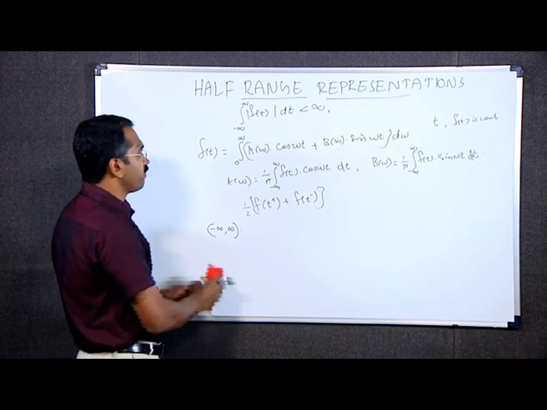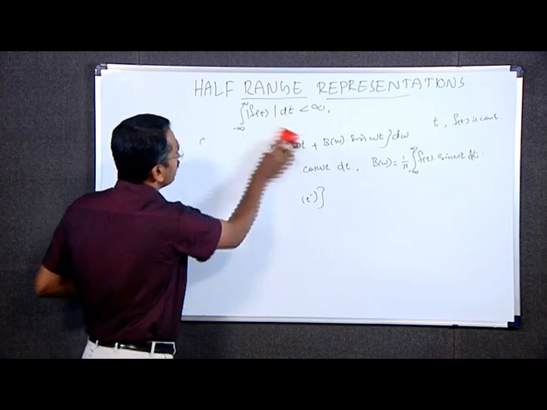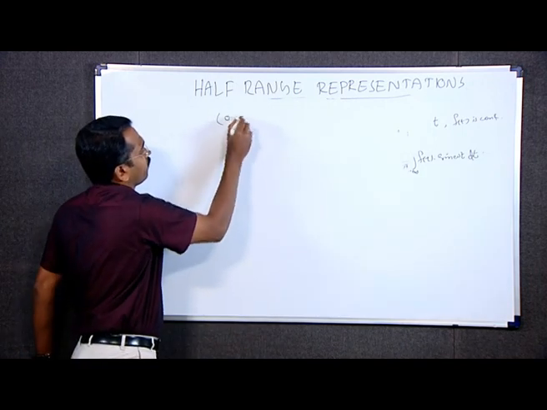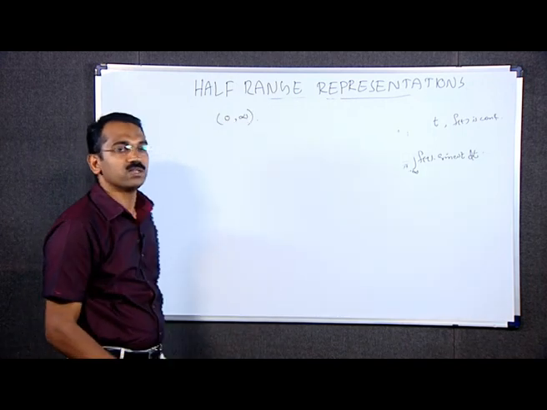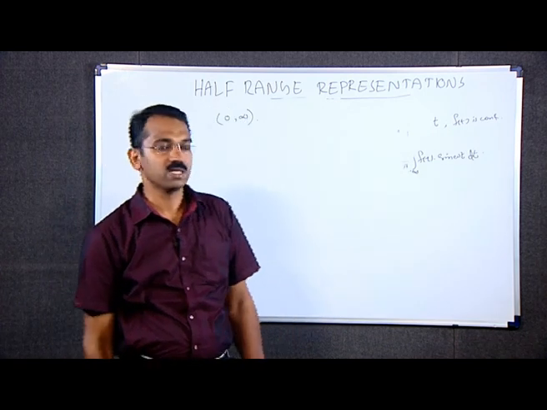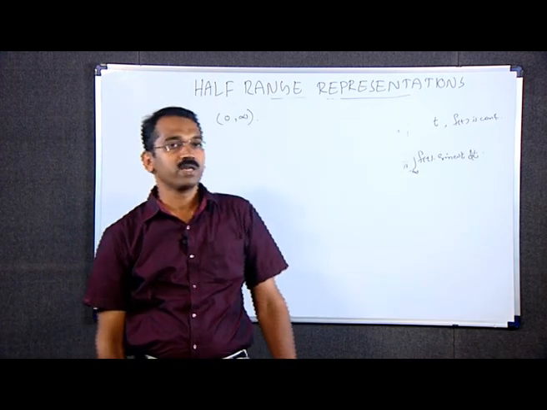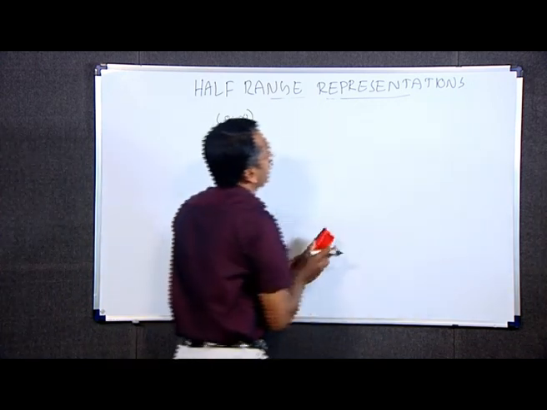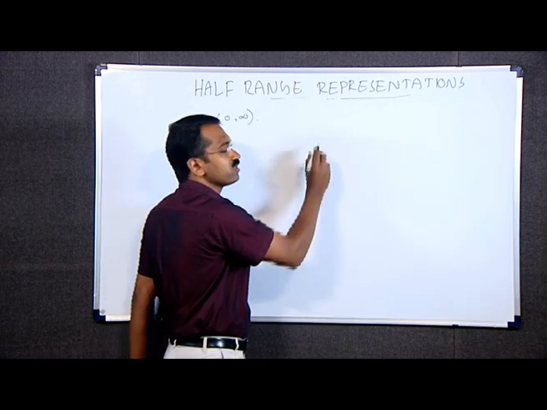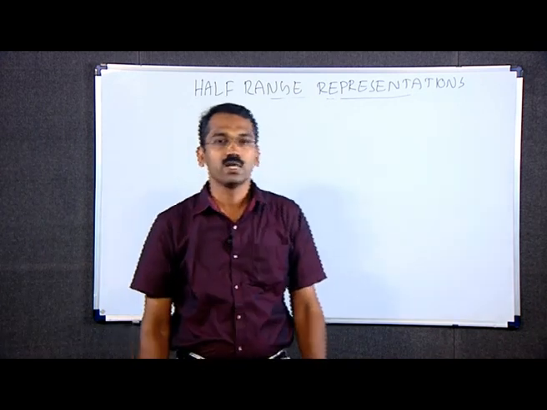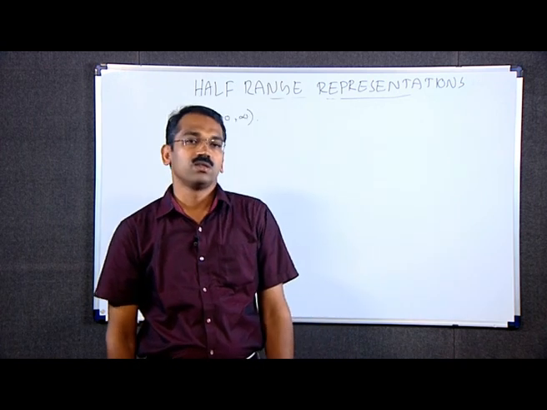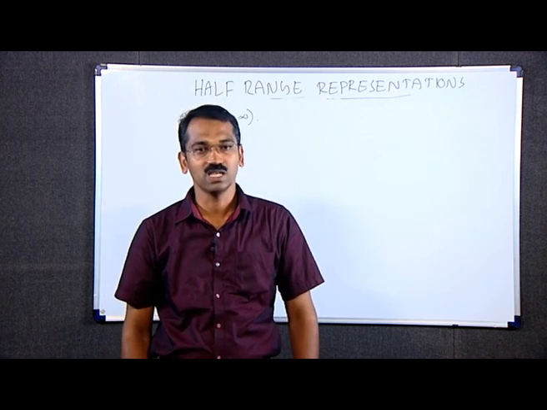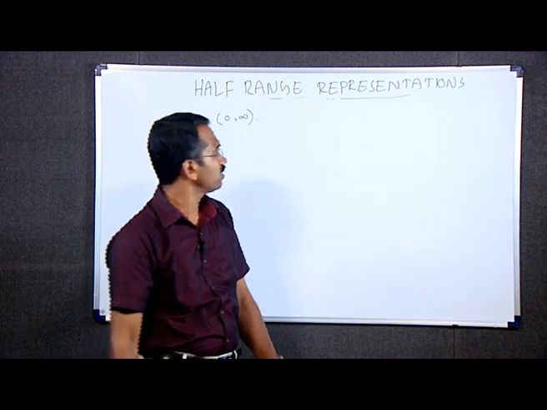If the function is defined in the half range interval 0 infinity, we can find two representations of a given function. First one is the Fourier cosine integral representation, and second one is the Fourier sine integral representation. These are known as the half-range Fourier integral representations of the given function.